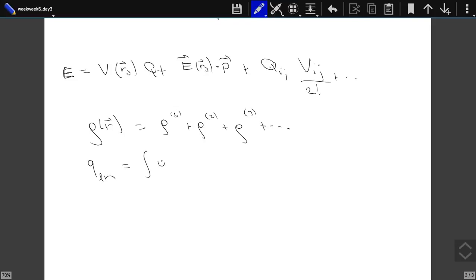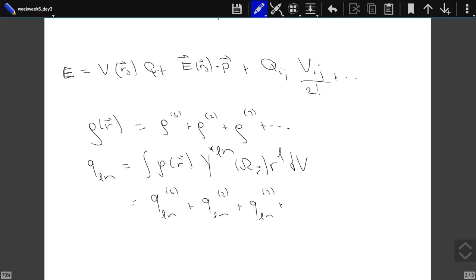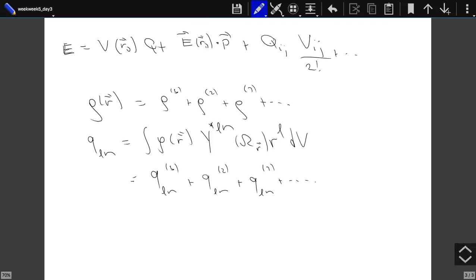Then the multipole moments, they were defined in this form. They also split. So if you just break your charge distribution, calculate the multipole moment for each one of them using the same center, that will be crucial, then the total multipole moment will be just the sum.